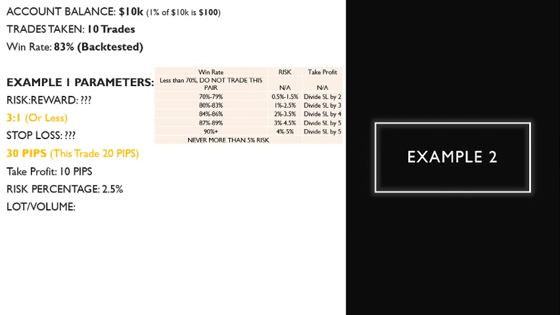So we're doing 20 pips stop loss. What lot size can I use that would equal $250 in 20 pips? 1.25, right? Because 20 pips times $12.50 a pip is $250. Okay? So my lot size is 1.25.